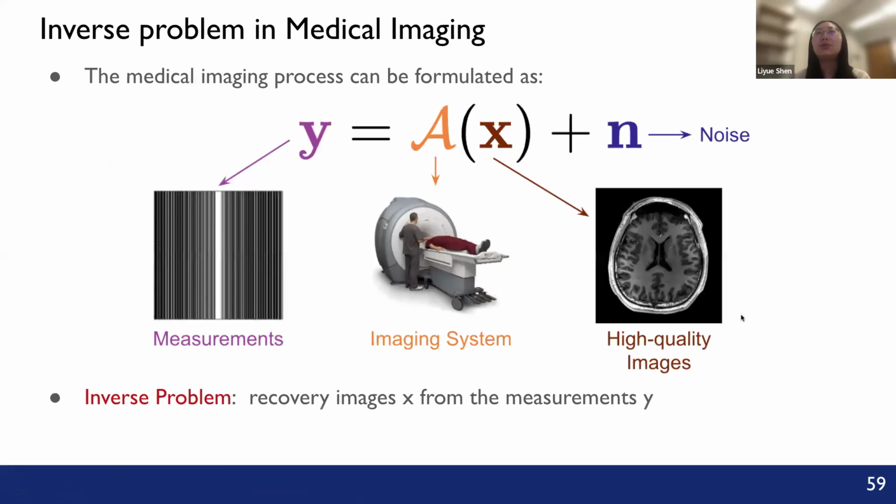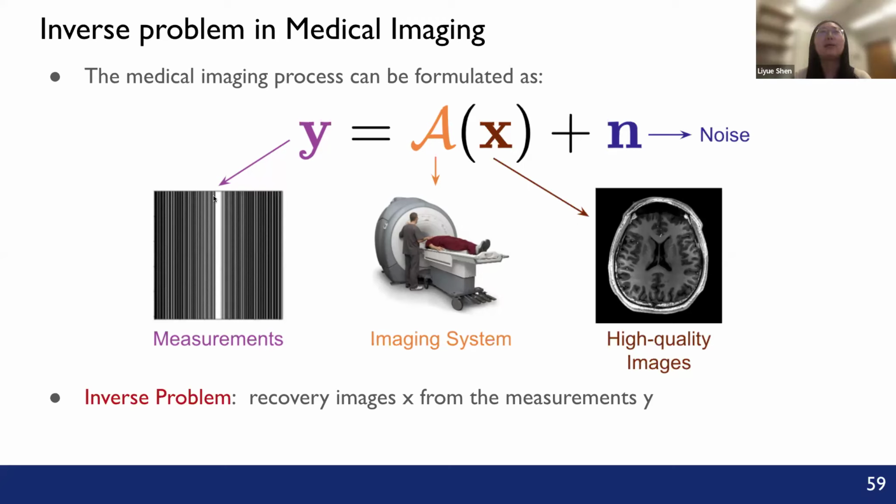And just to formulate this as a practical or engineering problem, what we call the inverse problem, you can understand it in this formula: y equals Ax plus n. So the A here is a forward process, which is the imaging system that we just saw from the CT or from the MRI. And the X is the reconstruction target, the high quality image we want to obtain here.